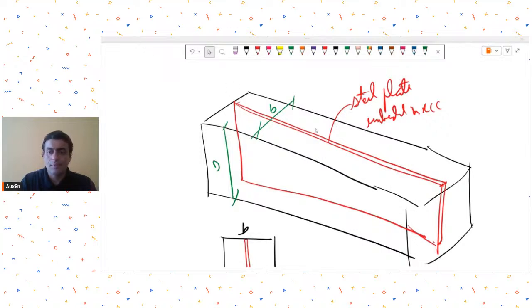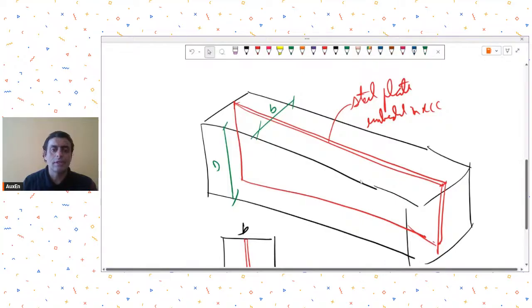So this kind of arrangement is provided. So he's asking about the design of this. I'm not very sure how this design is carried out, or what logic is applied for this design.